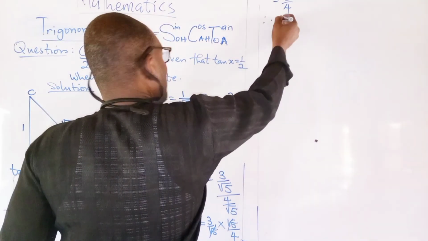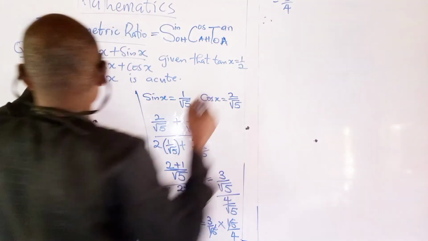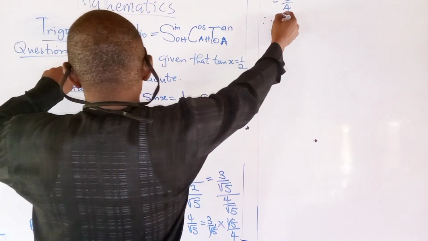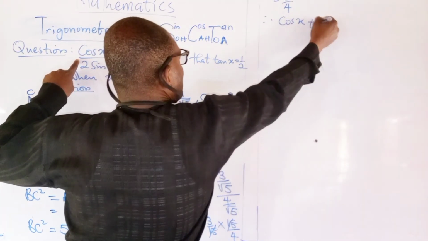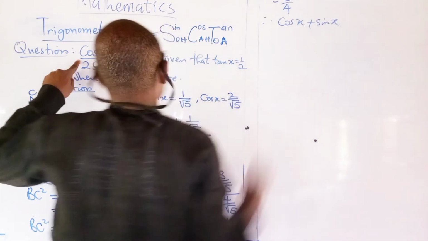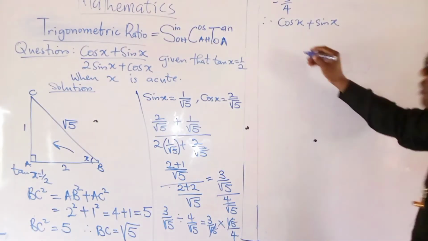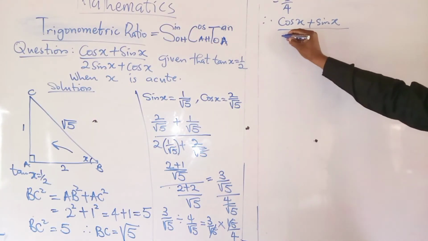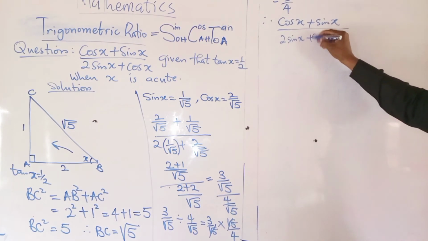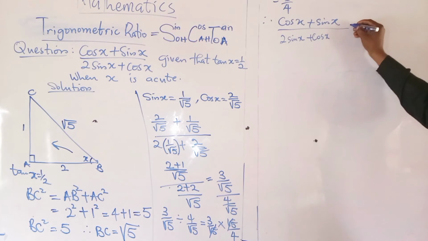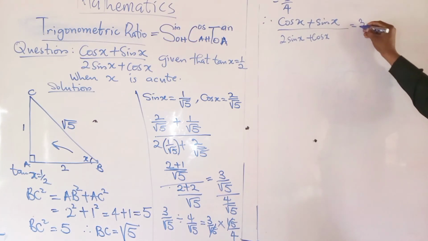Therefore, we can say that (cos x plus sine x) divided by (2 sine x plus cos x) is equal to 3 divided by 4.